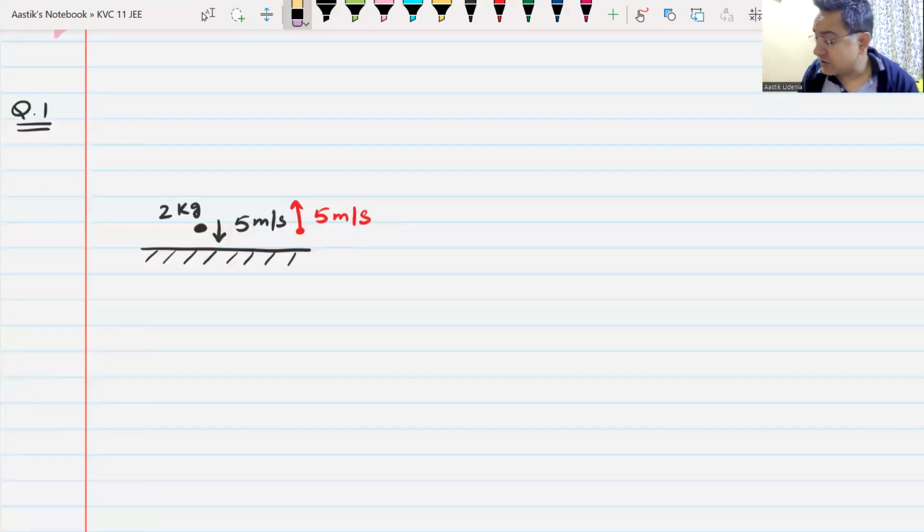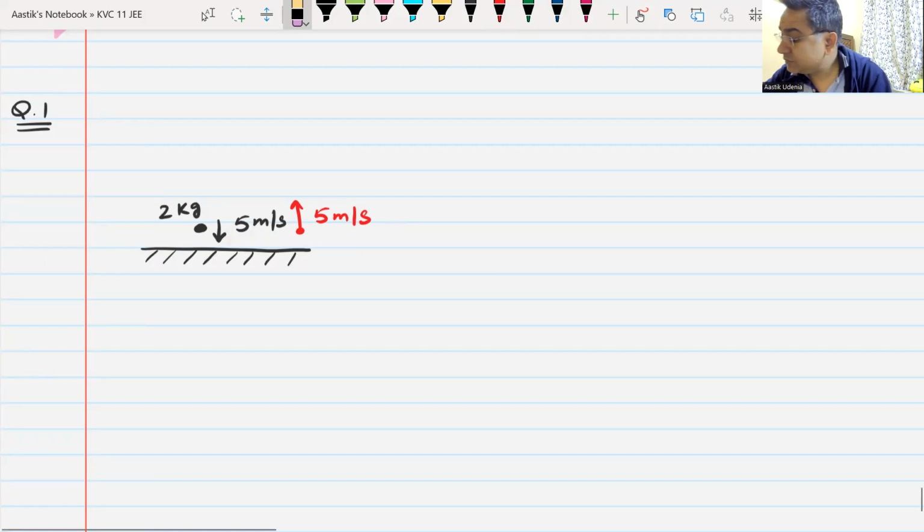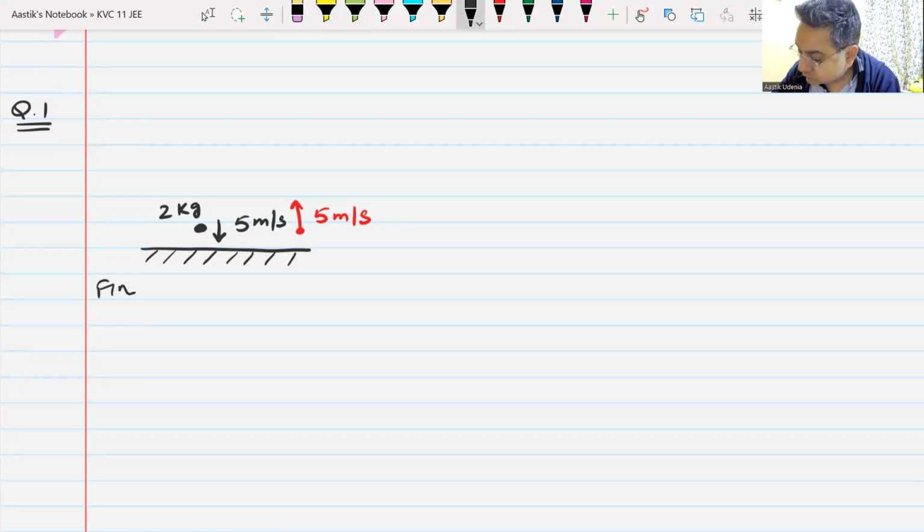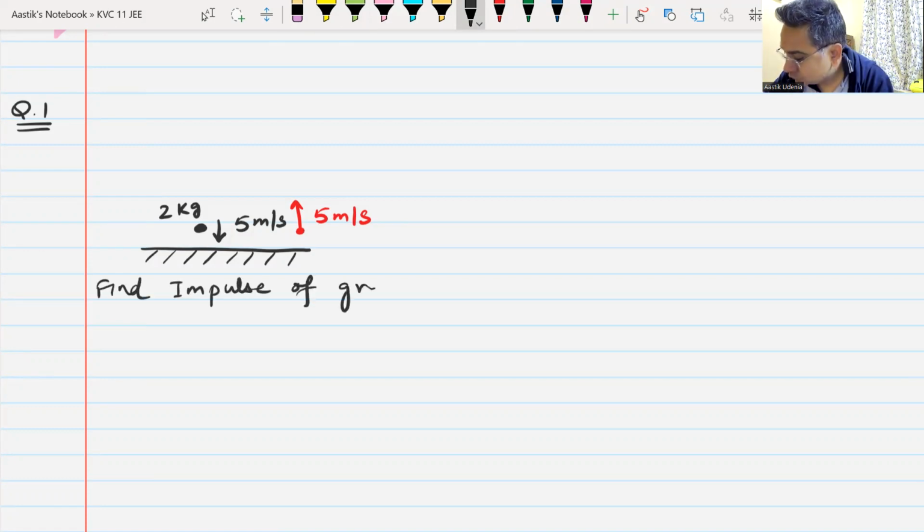So this is a small question that you have to tackle here. A ball of mass 2 kg is falling on a floor ground with a velocity of 5 meter per second.